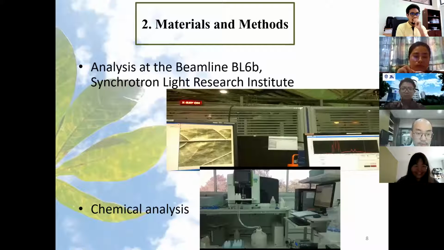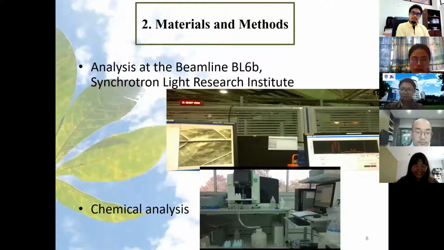The elemental distribution map was collected using 500 by 500 micrometer pixel size with 50 seconds of X-ray exposure time per pixel. PyMCA software was used to analyze the XRF data.